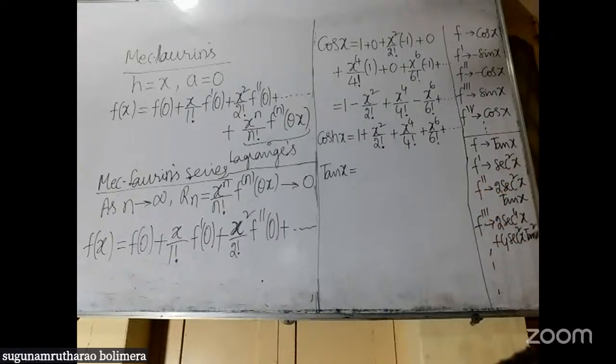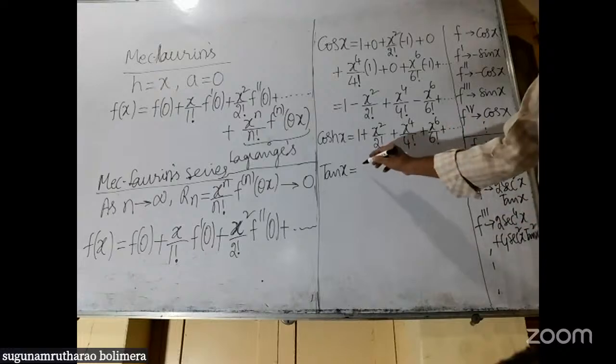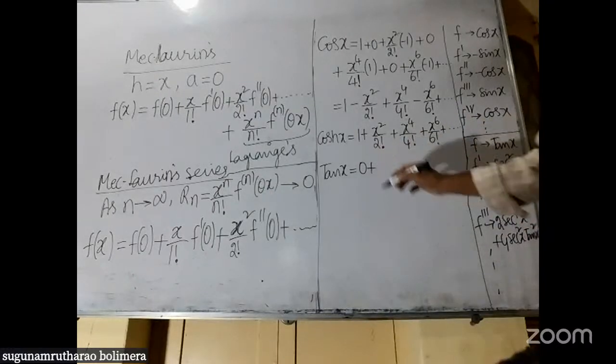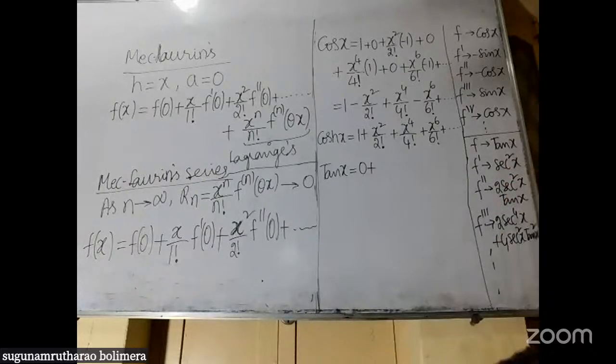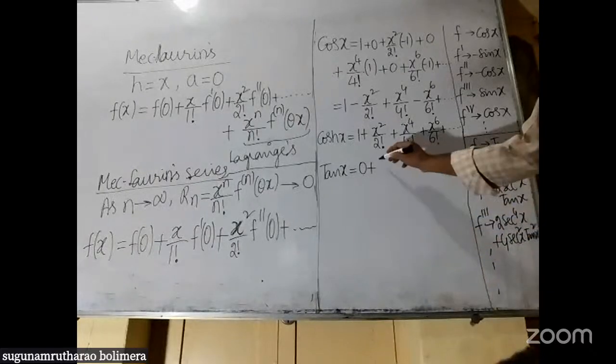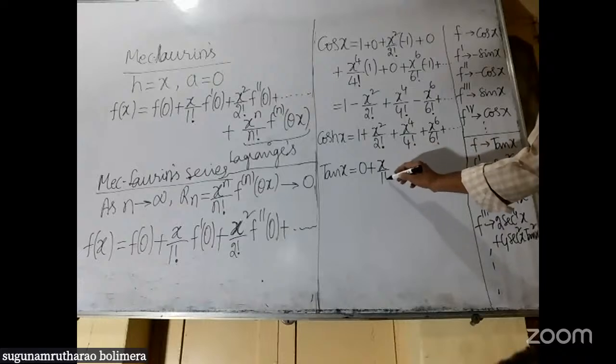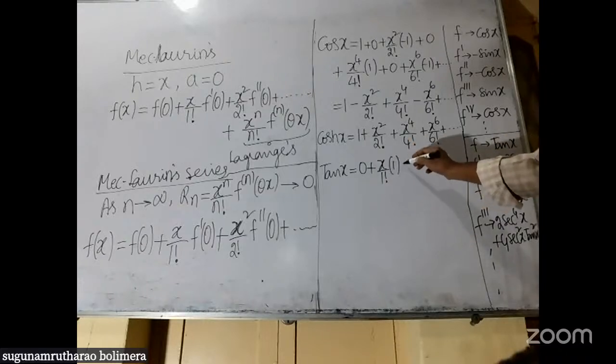So tan x is nothing but f of 0 is 0. First term is 0. Second is secant square x, secant 0 is 1, so x by 1 factorial into 1.